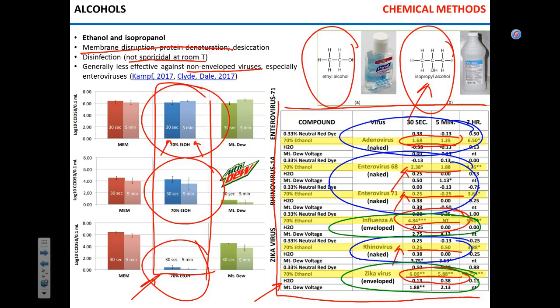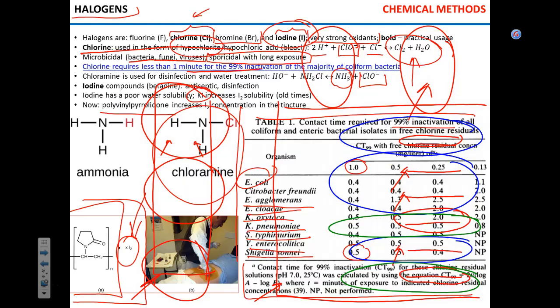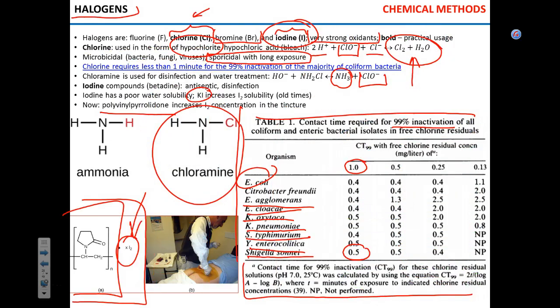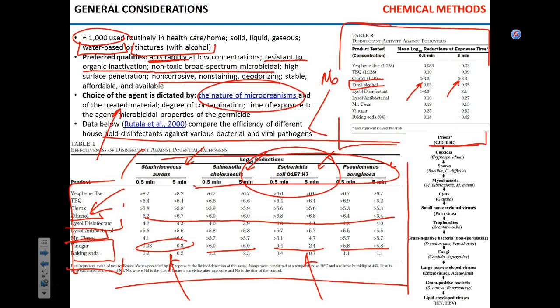Any questions so far? Yes? So polio will be the exception to the rule for them because it's non-enveloped? Polio is non-enveloped. Hold on. Polio is right here. You see, alcohol is not really working on polio. These numbers, the bigger they are, the better.